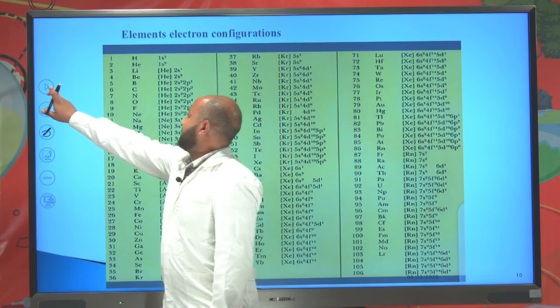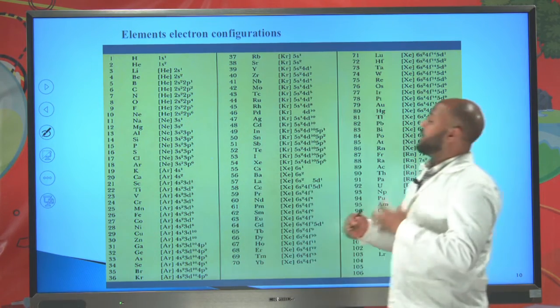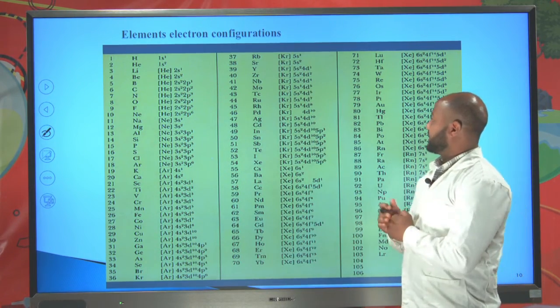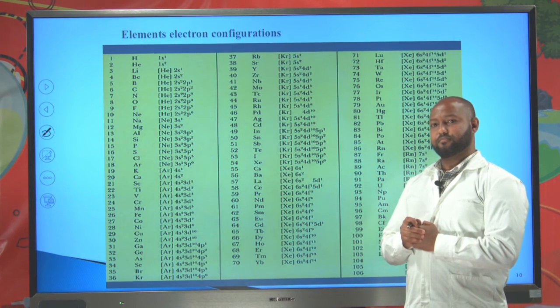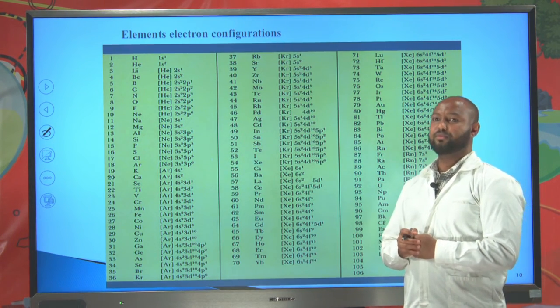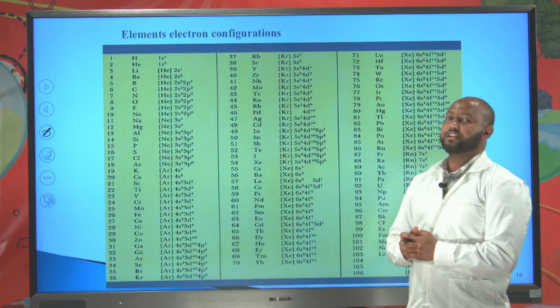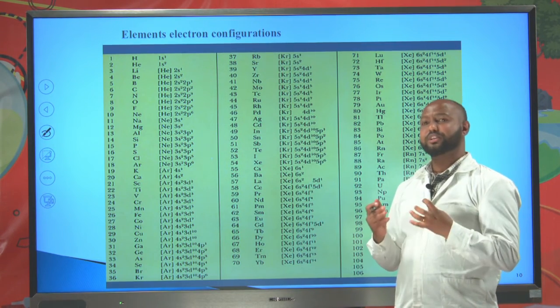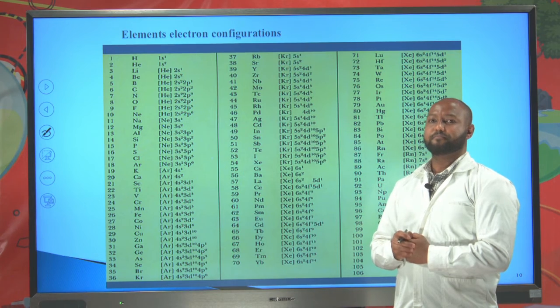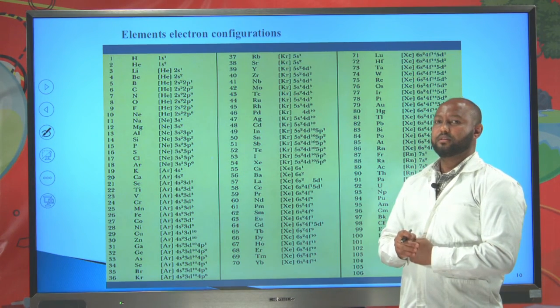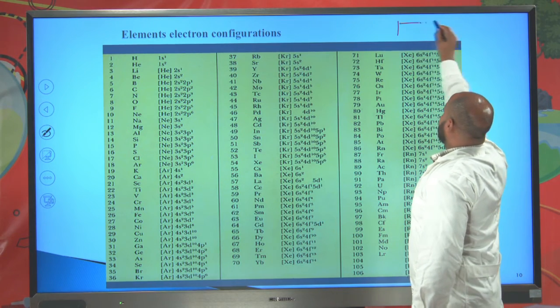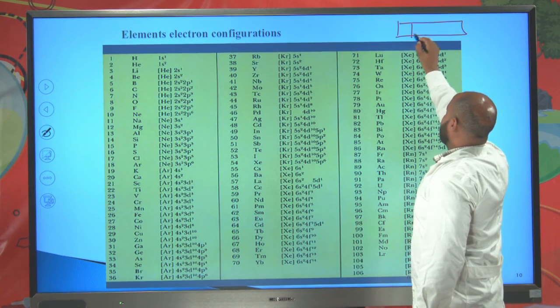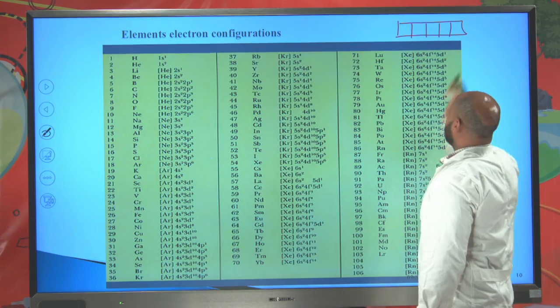But why do these exceptional elements excite their electrons to the next higher energy level to attain stability? How do they attain stability? As you learned before, d orbitals have 5 orbitals.